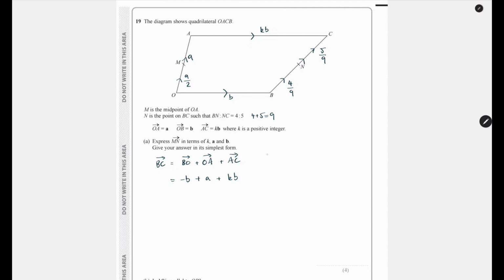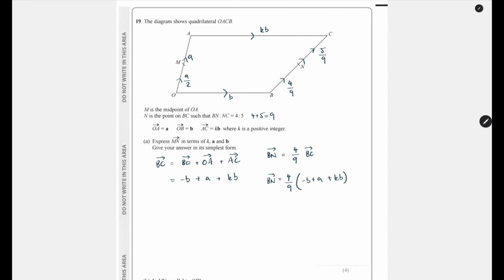And so we can say that the vector BN is just 4 over 9 multiplied by the vector BC. Now we've worked out BC here, and so we can say that BN is 4 over 9 multiplied by minus B plus A plus KB.